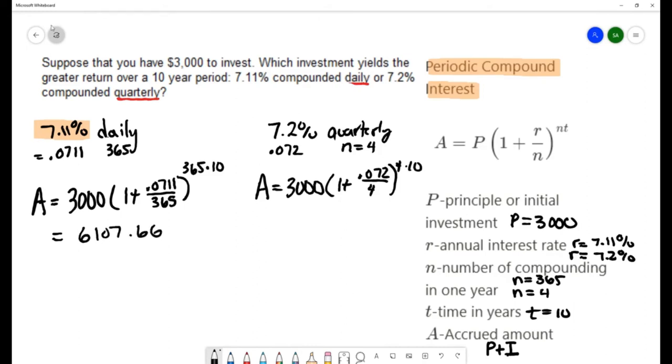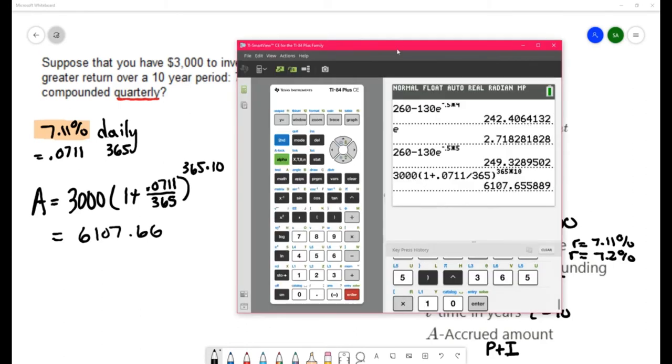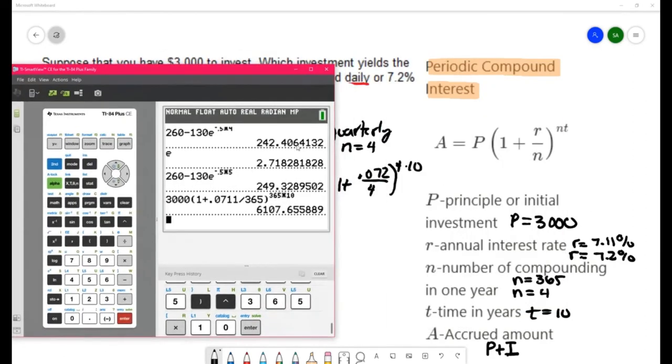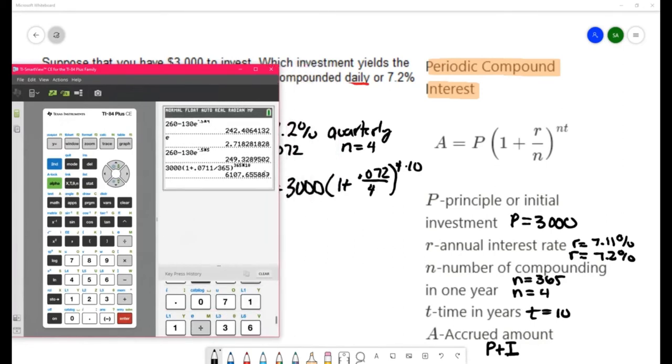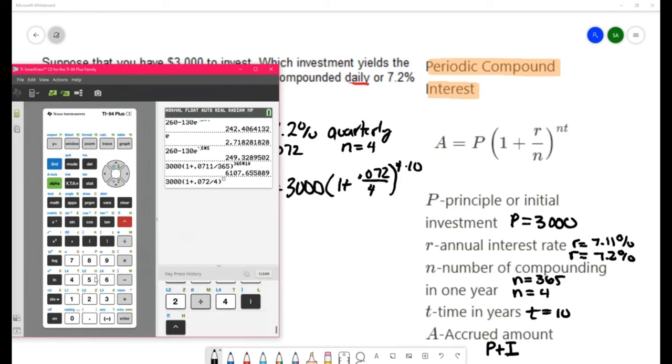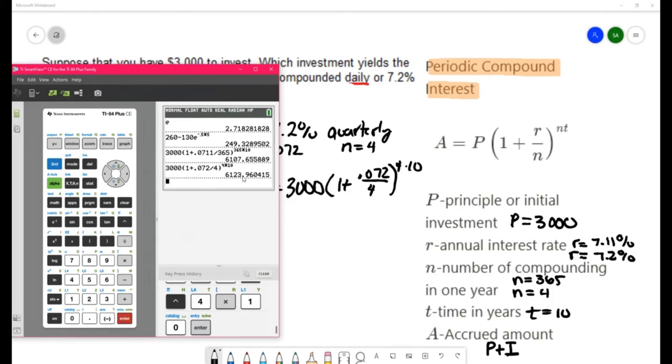And then let's do the calculation for the other account. We're going to do 3,000 times 1 plus 0.072 divided by 4 raised to the 4 times 10, and that gives us $6,231.62, a difference of $123.96.